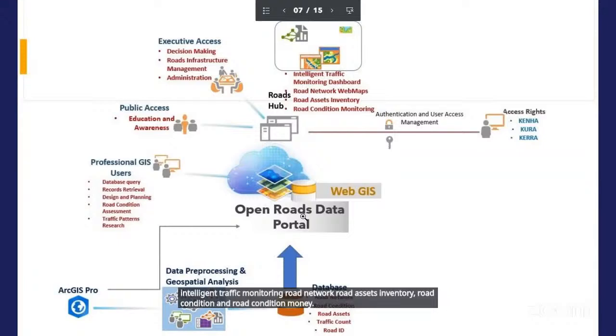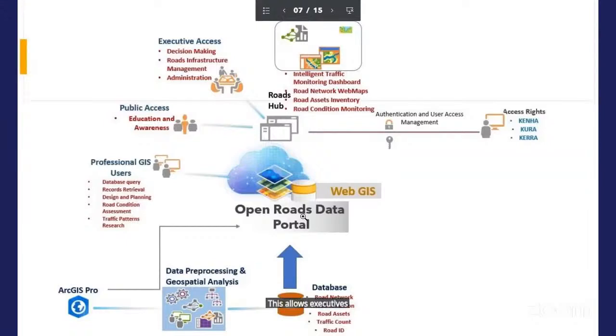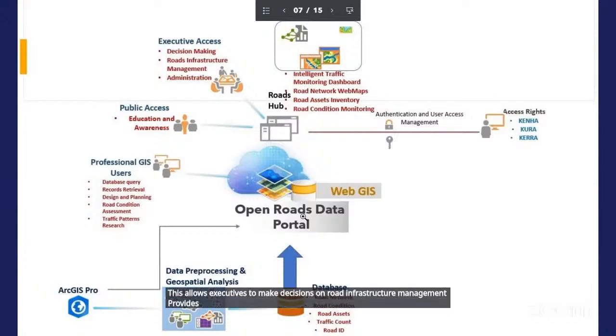This allows executives to make decisions on road infrastructure management, provides also education and awareness to the public on road network and road assets and road conditions, and professional GIS users are able to query the database, retrieve records of road network, and assess road conditions.